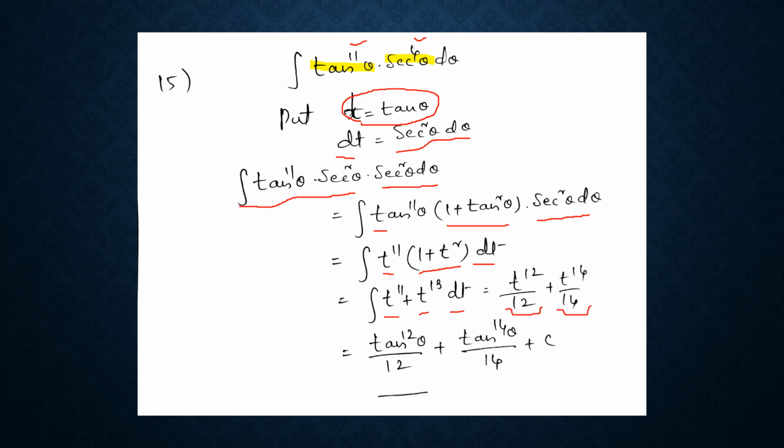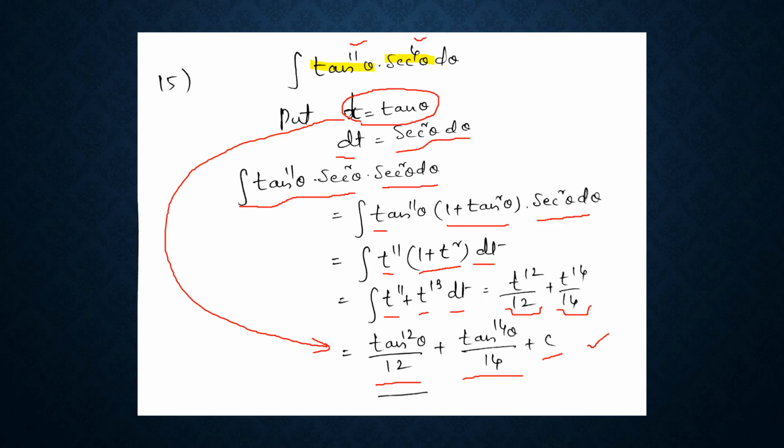That is equal to, by substituting t is equal to tan theta, that becomes tan theta whole to the power of 12 by 12 plus tan theta whole to the power of 14 by 14, which can be written as tan to the power of 12 theta divided by 12 plus tan to the power of 14 theta divided by 14 plus c is the answer.